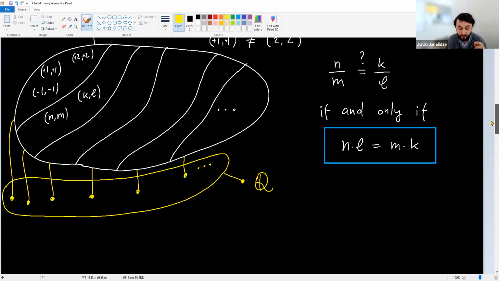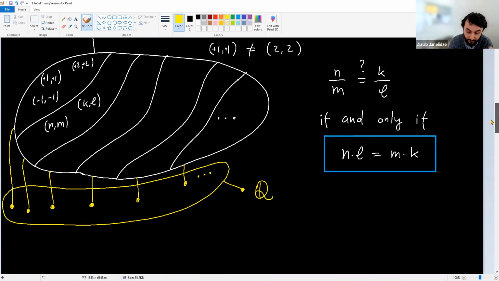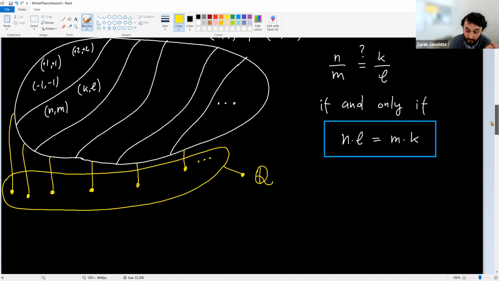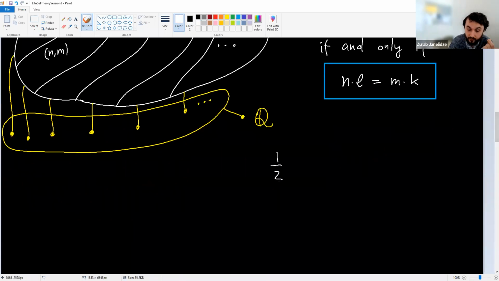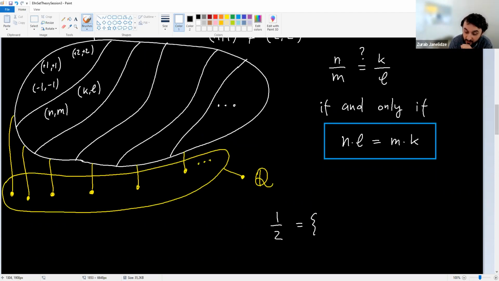Now, there is an important philosophical point to be made here, namely that we view a number, let's say 1/2, as a set of all possible fractions that basically satisfy the following, right? So it's a set of all, if I think of 1 and 2 being my n and m, right?